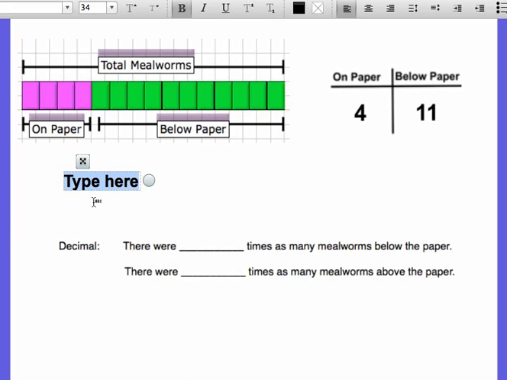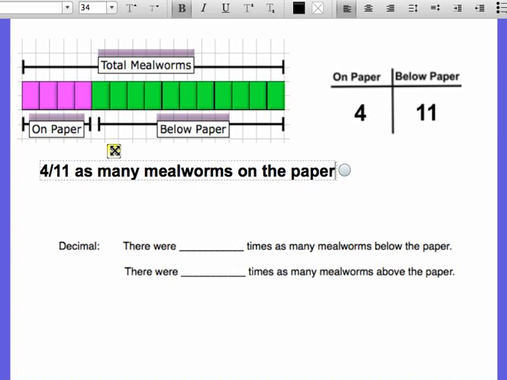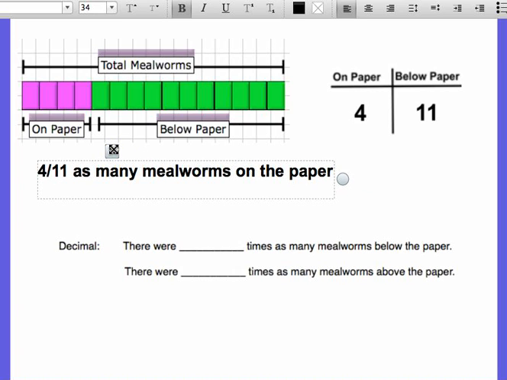So just a quick review of what we found in the last video. The relationship between the mealworms on the paper to below the paper. We said there were 4/11ths as many mealworms on the paper as there were below the paper, and the number of mealworms below the paper could be expressed as 11/4 as many mealworms went below the paper.